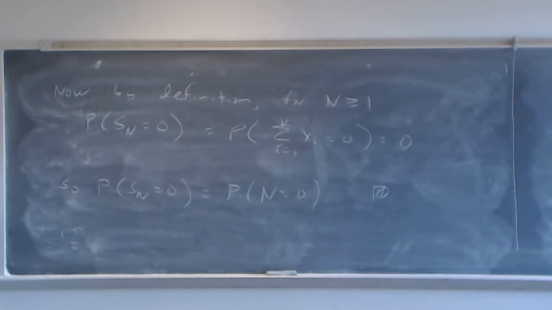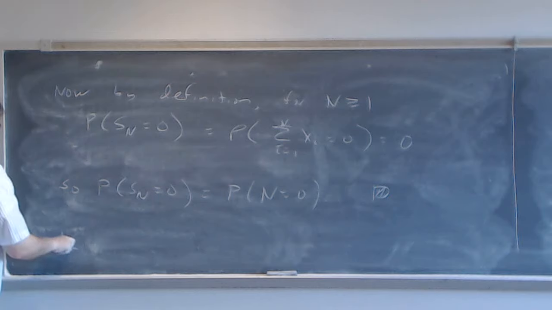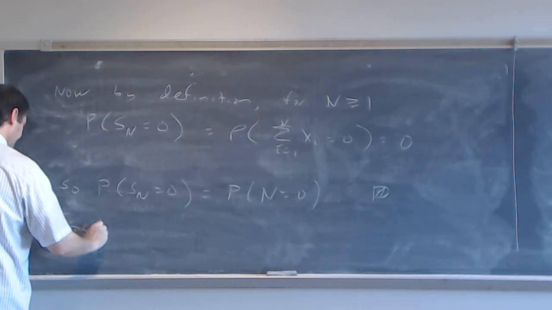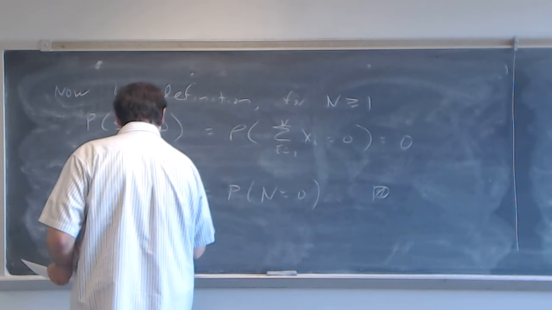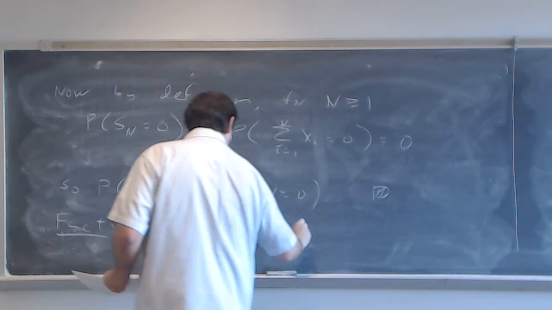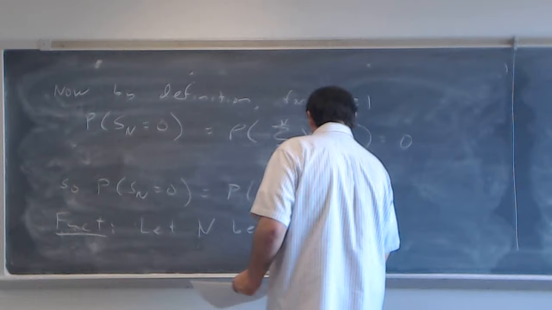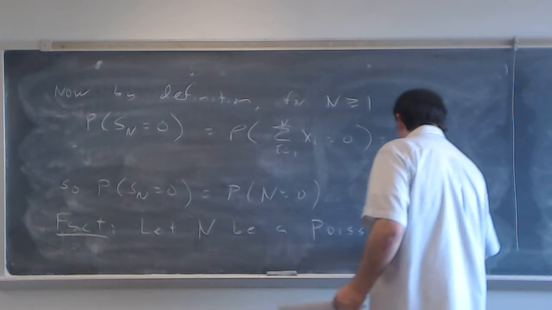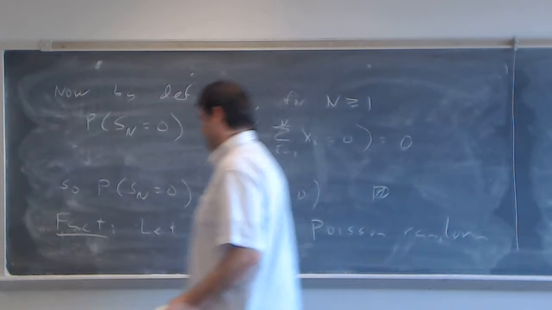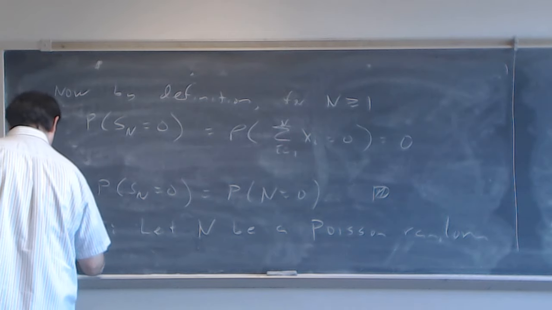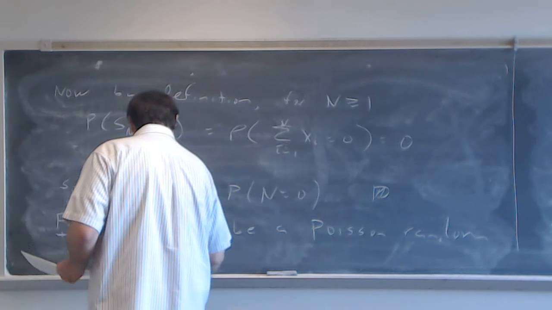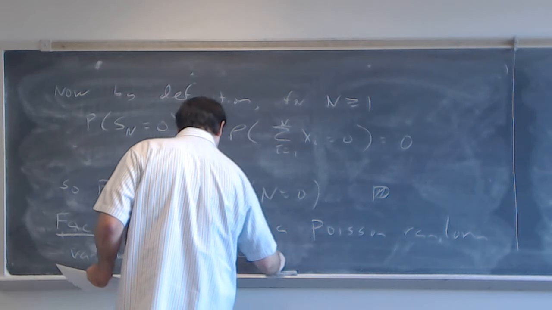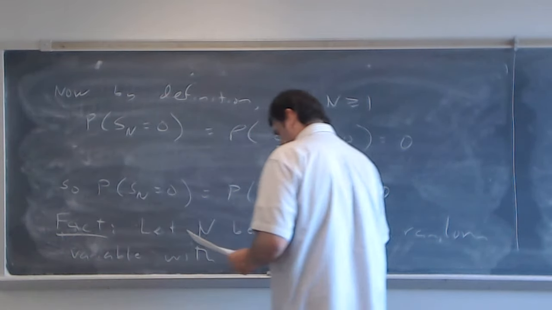That concludes the corollary. There's only one more thing I want to do, and it's a fact. It's a quick fact. It says, let n be a Poisson random variable with mean lambda.